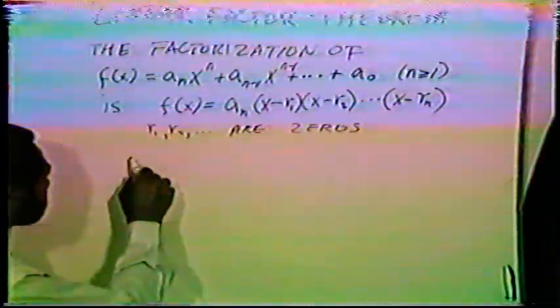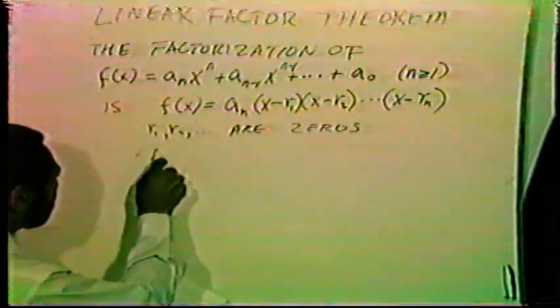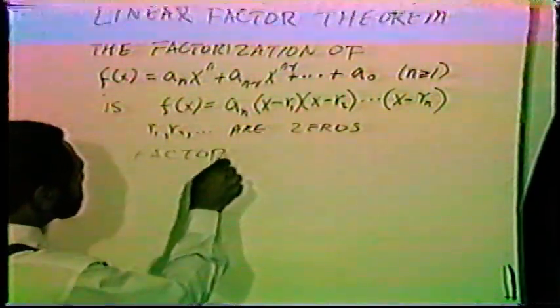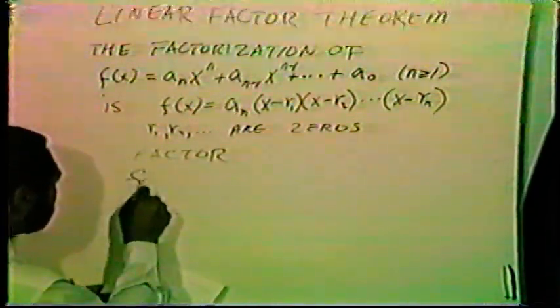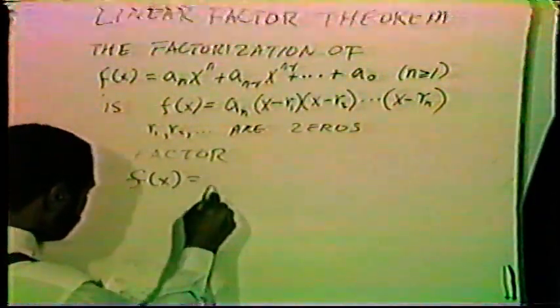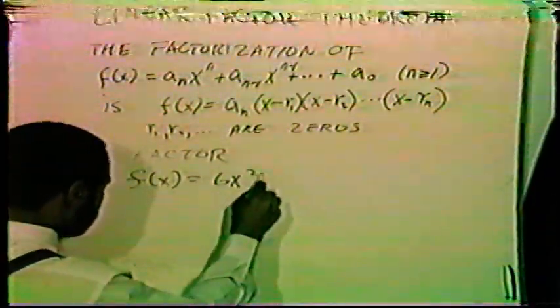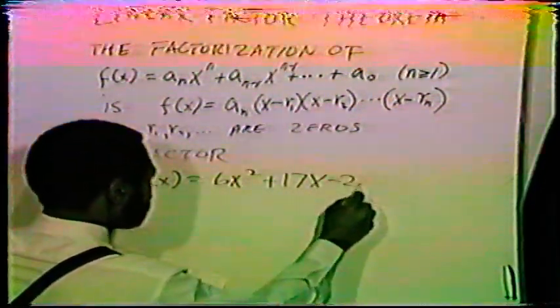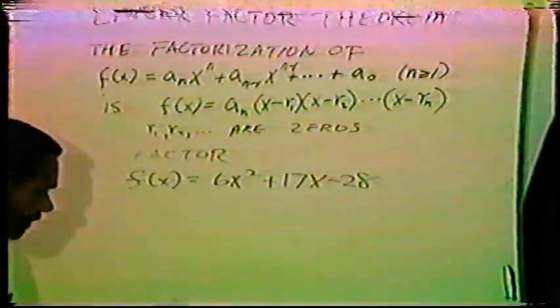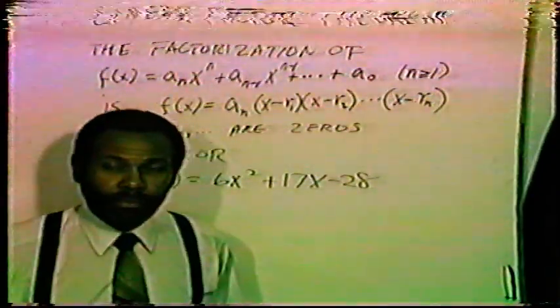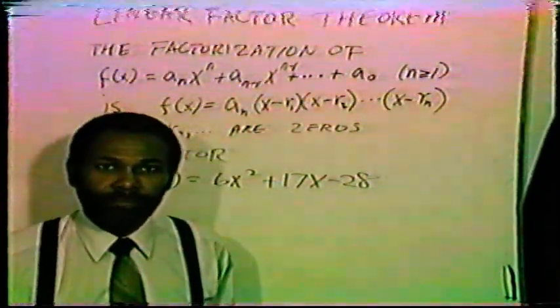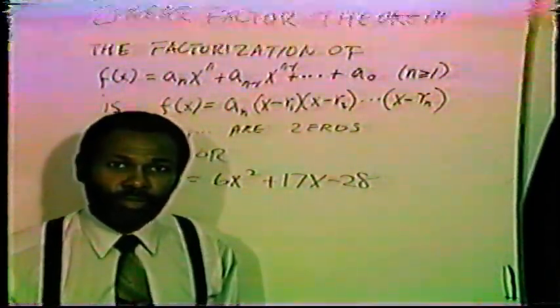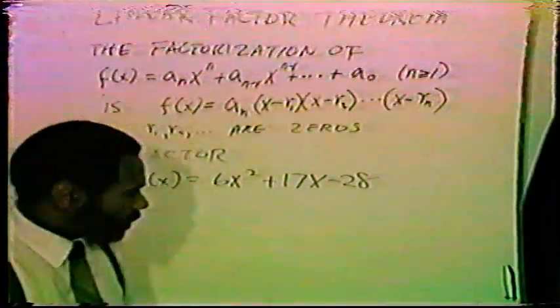Now let's look at an example of how this linear factor theorem works. Suppose we want to write the factorization of f of x equals 6x squared plus 17x minus 28. First of all, we would factor this polynomial function using our usual methods of factorization.